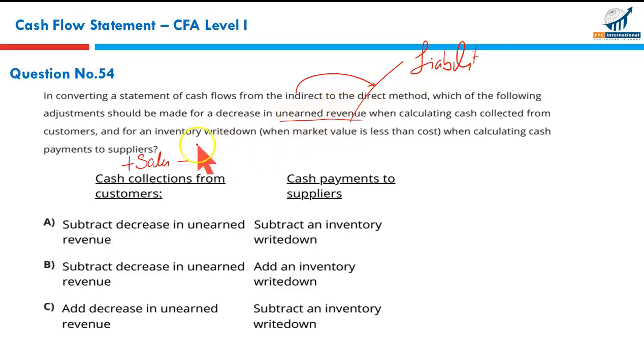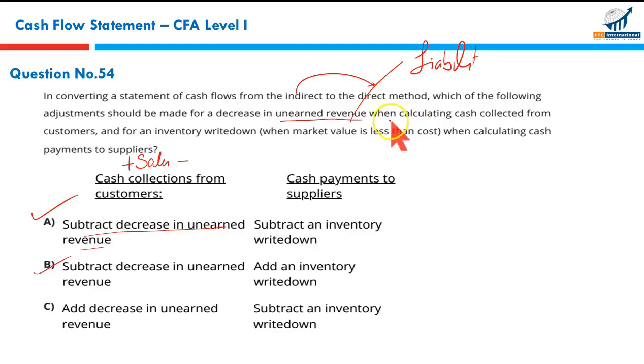So a decrease in liability we have always been taking as an outflow. So this decrease in unearned revenue must be subtracted from sales. It must be subtracted from cash collection from customers. So that makes either A or B to be the correct option.